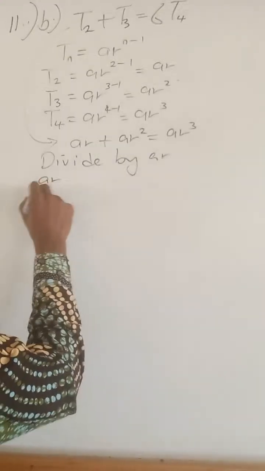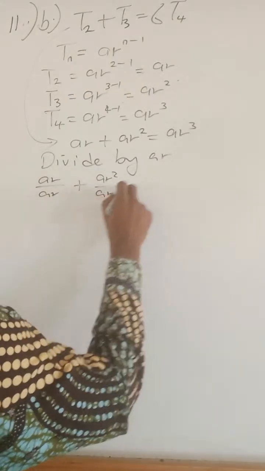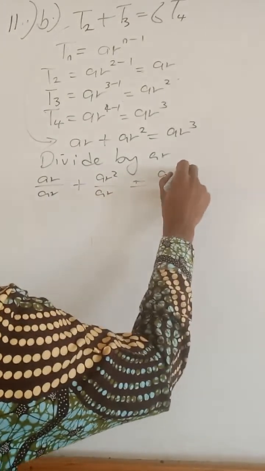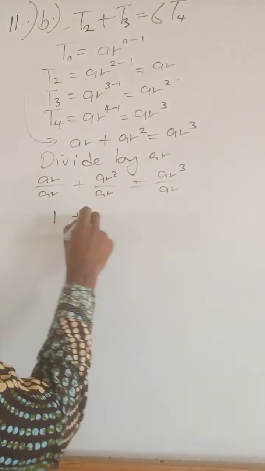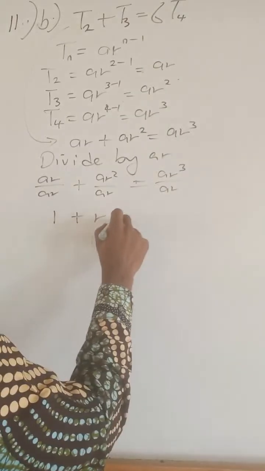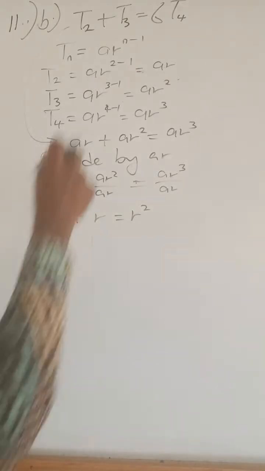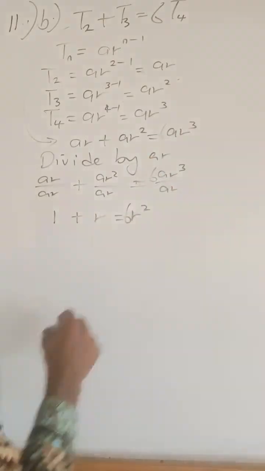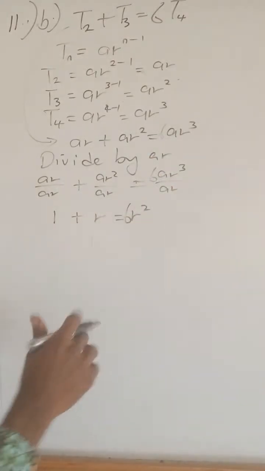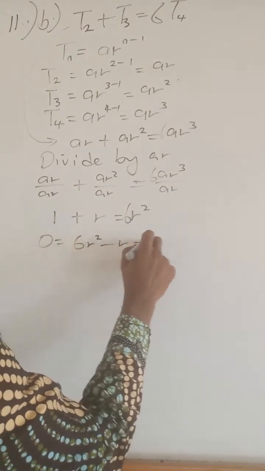That gives you ar over ar plus ar squared over ar equals 6ar cubed over ar. Now this gives you 1 plus r equals 6r squared. There you go. You have to find the value of r. And remember, there's a 6 here. So rearrange the equation and you have 0 equals 6r squared minus r minus 1.